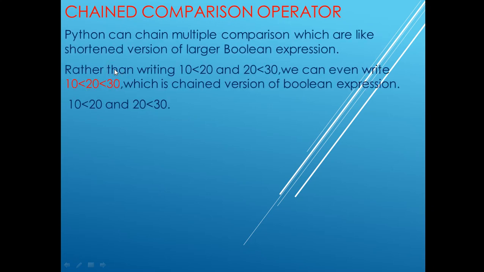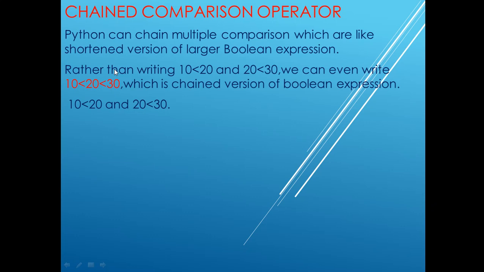Okay. So the last topic I have taken here is the chained comparison operator. Comparison operator, I have already told you, all relational operators are also known as comparison operators.